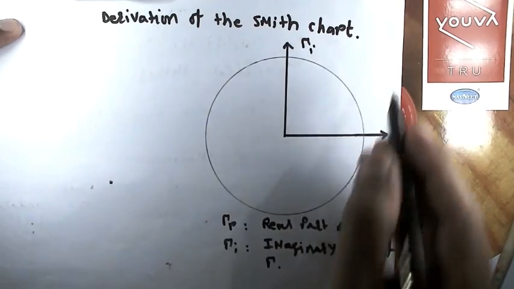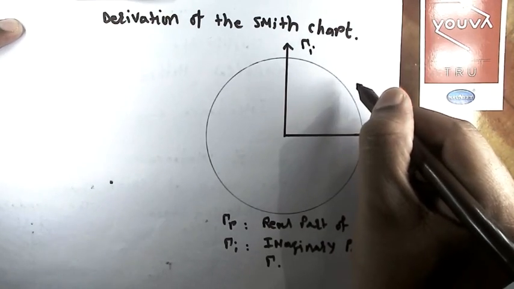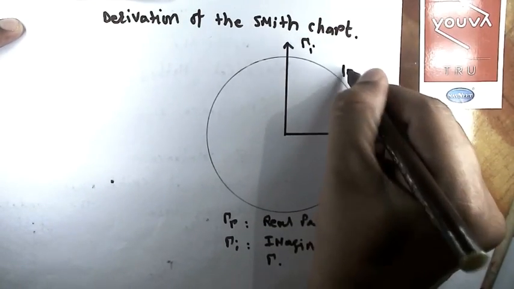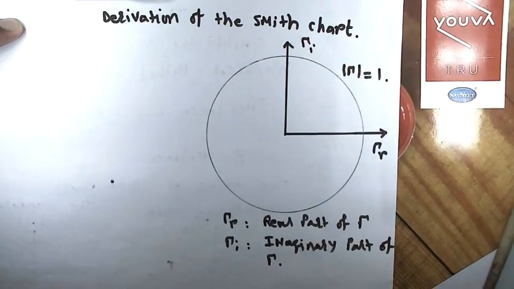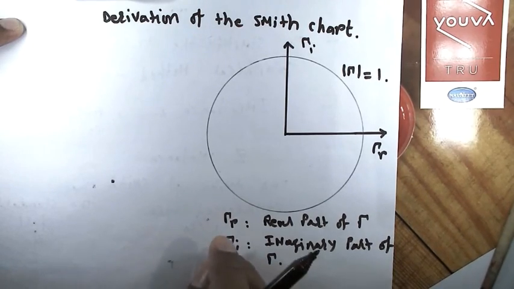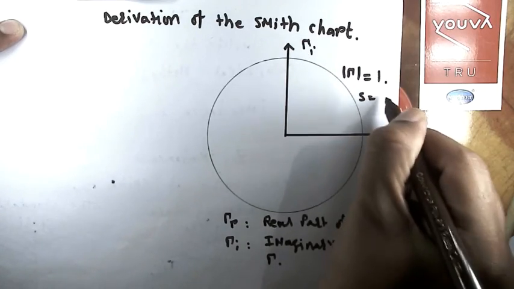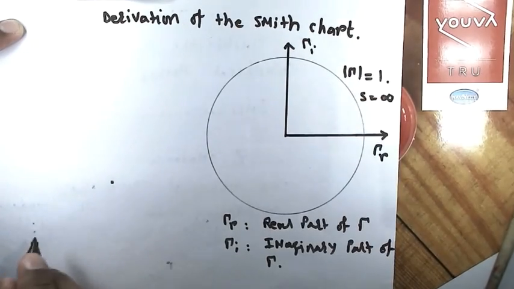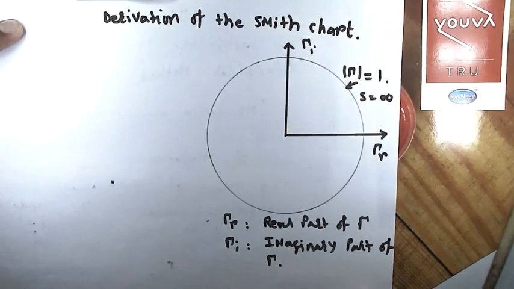So here the maximum radius that I have drawn is |sigma| equal to 1. Whenever there is a maximum reflection coefficient, it means that for passive circuits the standing wave ratio is equal to infinity. So I can say that the outermost circle expresses the maximum magnitude of the reflection coefficient.